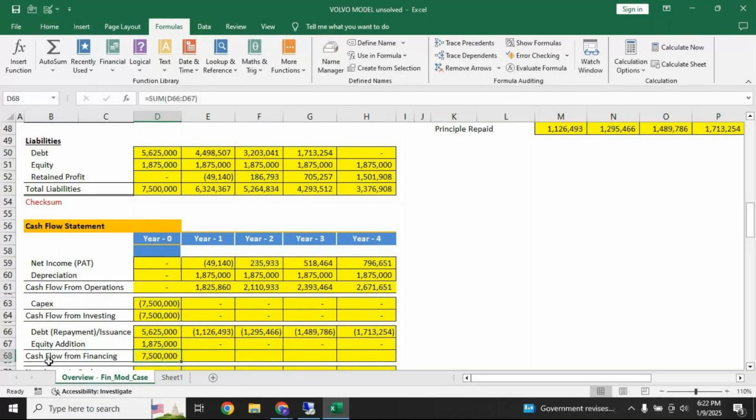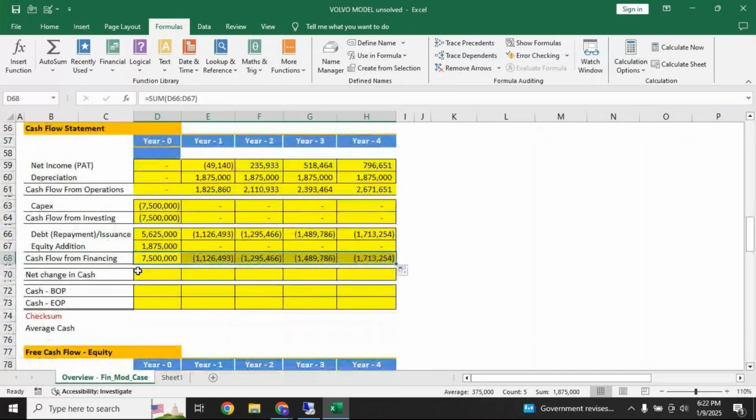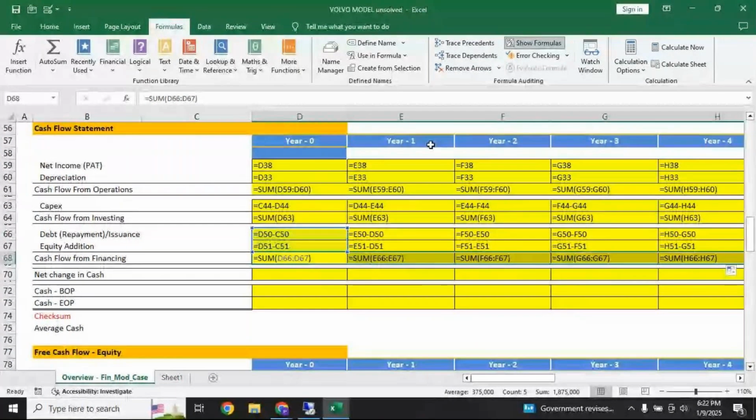So financing, these are the values. I'll show you the formulas. You people can try the cash flow statement. Net change in cash, we will do it. By then we just do these things.